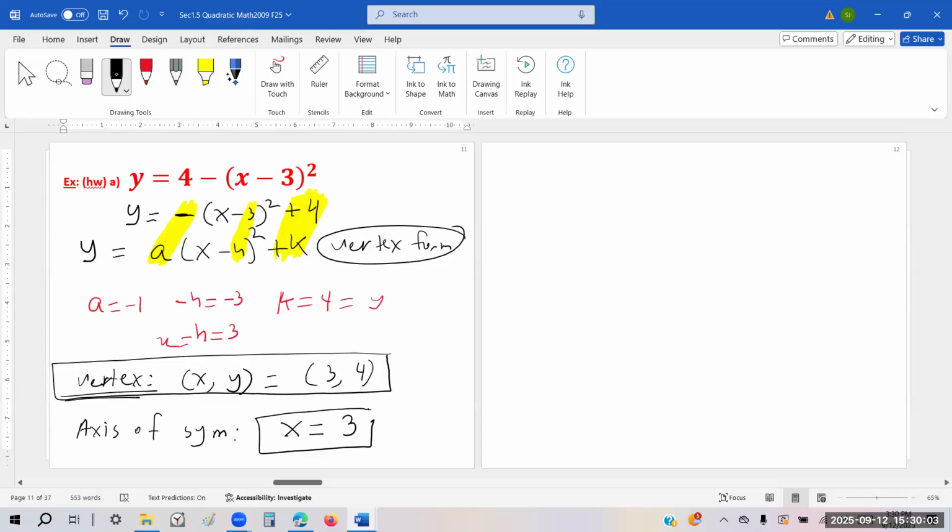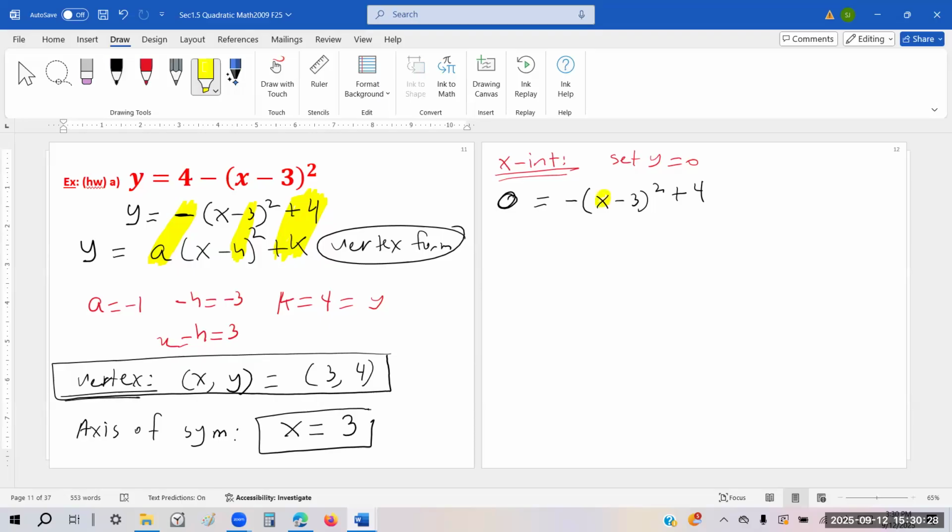Now let's find x-intercept. And this time finding y-intercept is not easy. We have to do math. So I'm going to go in order. X-intercept means set y to 0. So 0 equals negative (x minus 3) squared plus 4.